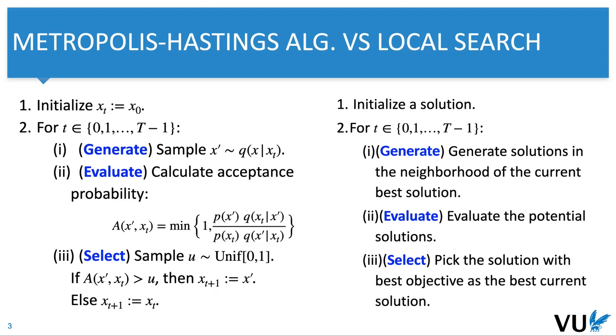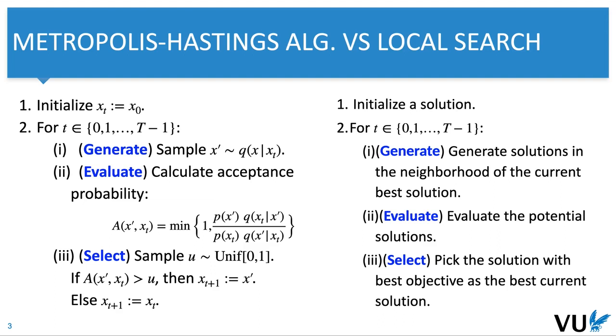And then we have the select step. Here in Metropolis Hastings, we sample a random value. If the acceptance probability is larger than this random value between 0 and 1, then we accept this new candidate point as our new point. And we proceed and we repeat. And on the right, we have the local search algorithm.